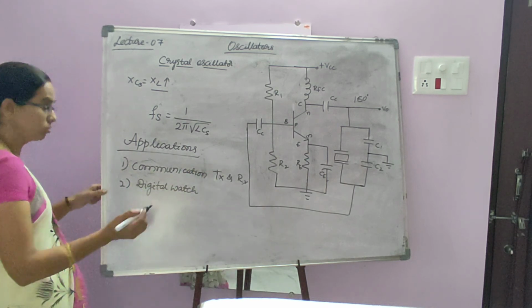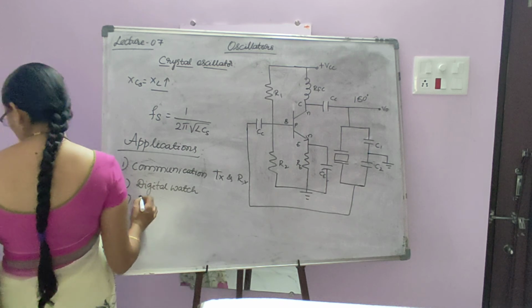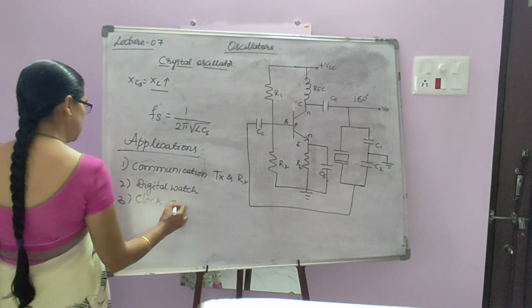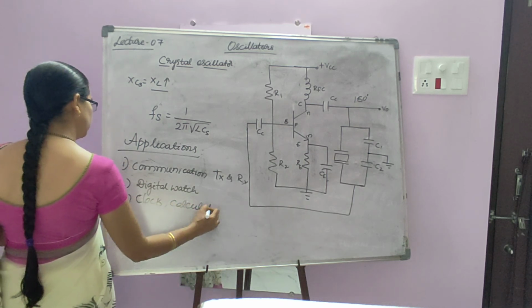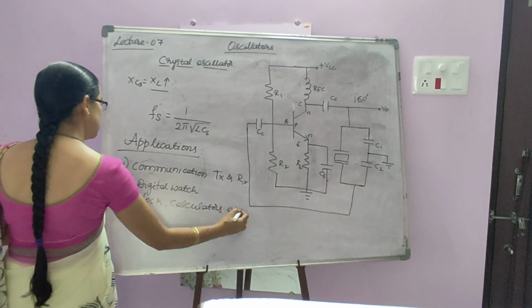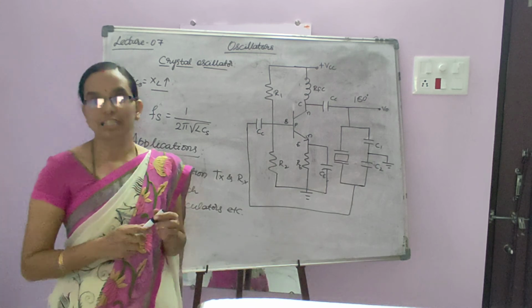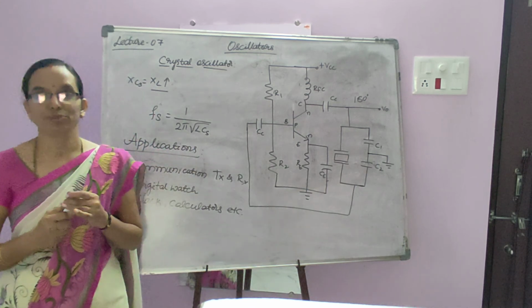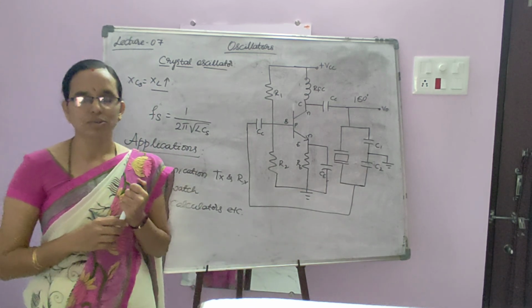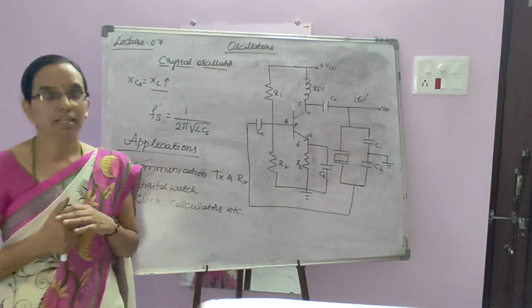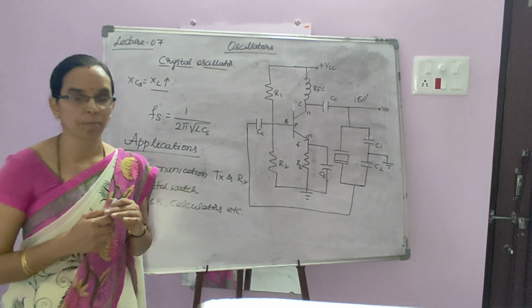In your smartphone also you have crystal oscillators, clock, calculators. Nowadays most of the electronic devices are digital. So for any digital circuit, you need a clock signal. So for the generation of the clock signal, crystal oscillators are used. Okay.